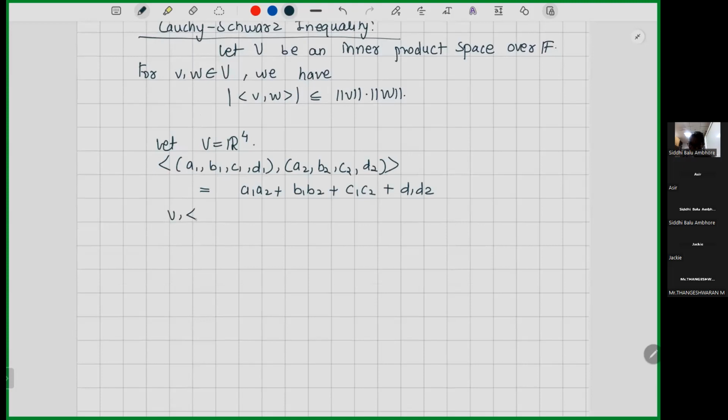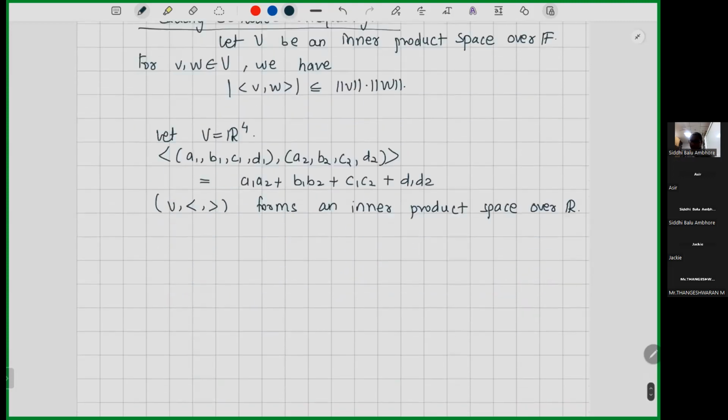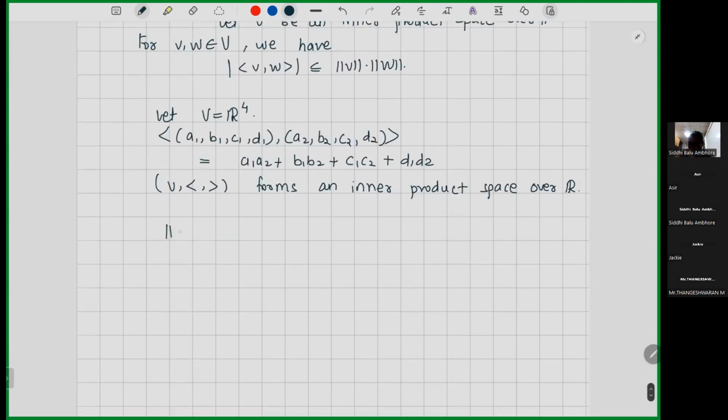So V with this forms an inner product space over R. Since the A, B, C, D and everything is over R, we can assume this to be over R. Then note that Cauchy-Schwarz will be what? If I write this in the fashion of Cauchy-Schwarz, then it would be like this, right?